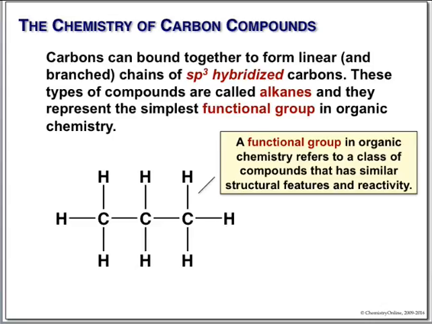When you have a compound that is made up of nothing but sp3 carbon atoms connected in any way, we refer to this as an alkane. Now, in organic chemistry, we use what are called functional groups.